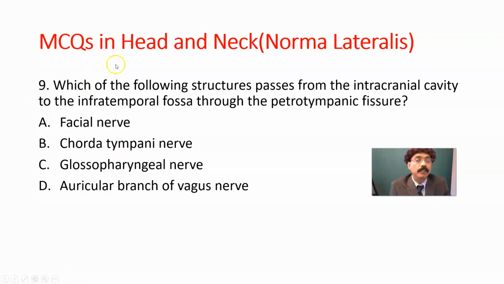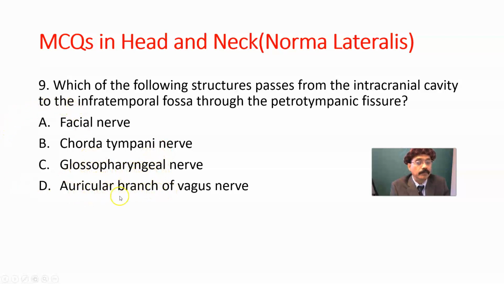Number 9. Which of the following structures passes from the intracranial cavity to the infratemporal fossa through the petrotympanic fissure? Facial nerve, chorda tympani nerve, glossopharyngeal nerve, auricular branch of the vagus nerve.